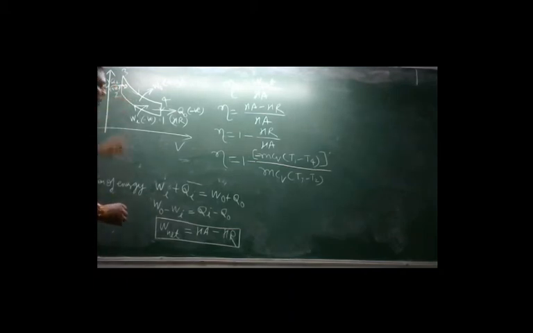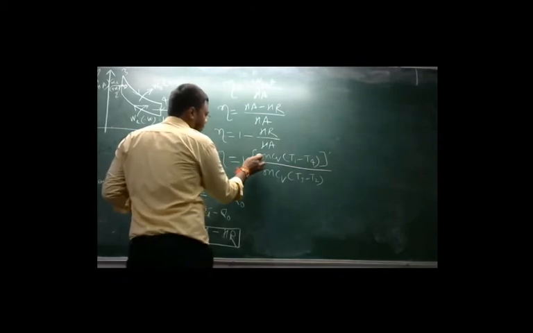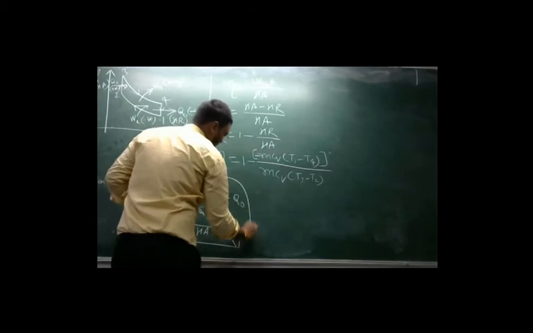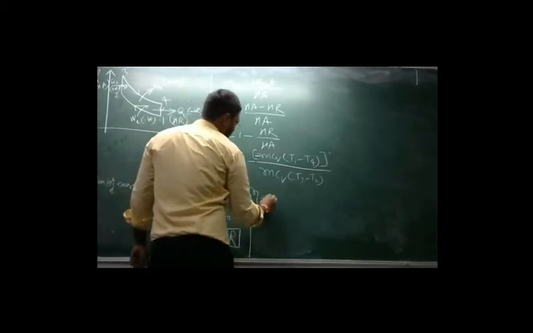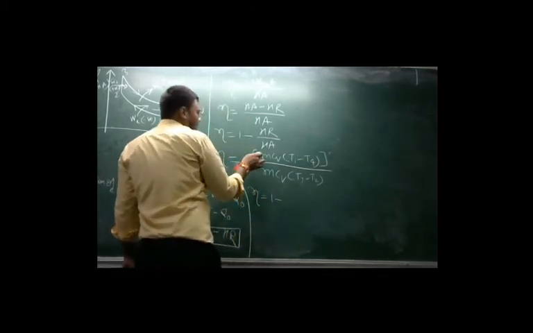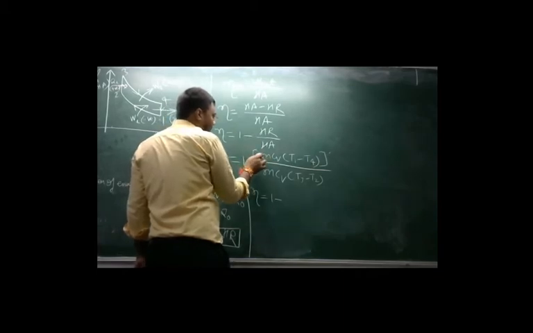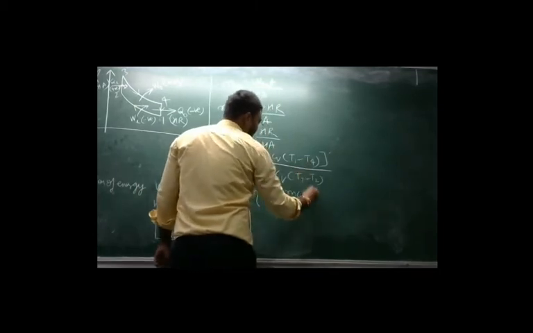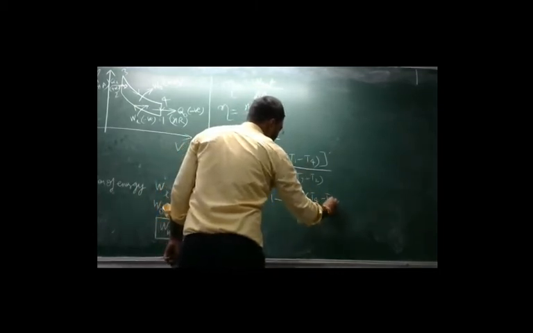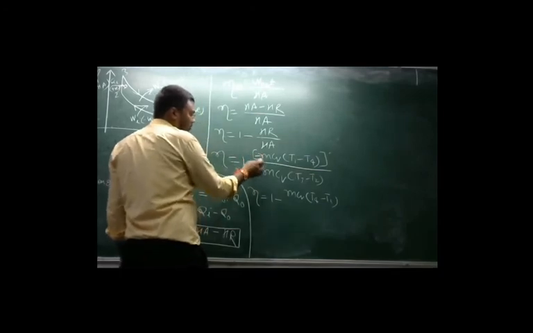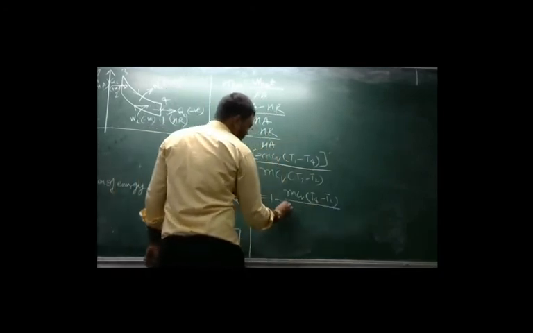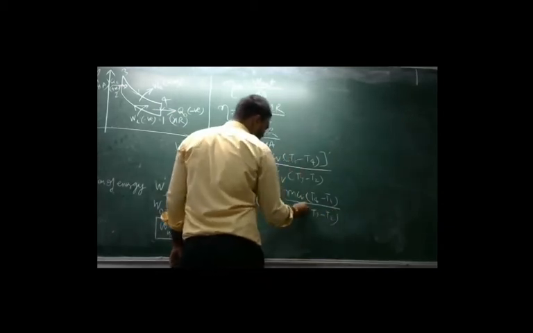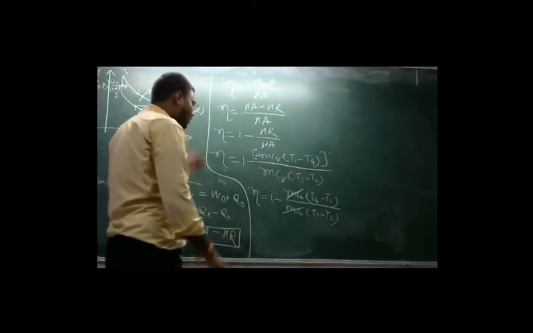Okay, so due to this minus sign, eta should be equal to 1 minus, when we multiply this minus in this bracket, then this becomes mCV T4 minus T1, divided by mCV T3 minus T2. mCV cancels out.